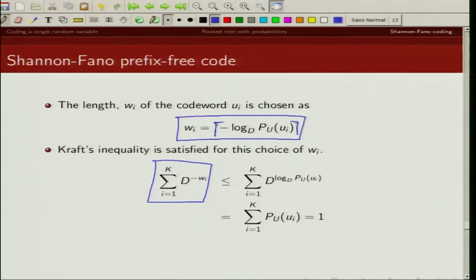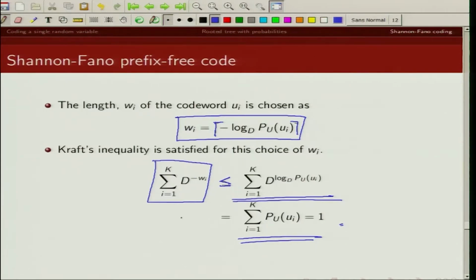If we remove this ceil function, we are raising D to a smaller quantity, and since this is minus of that, this will be greater than or equal to this. Now this can be written as summation over i equal to 1 to k of P(ui), and this is nothing but equal to 1.